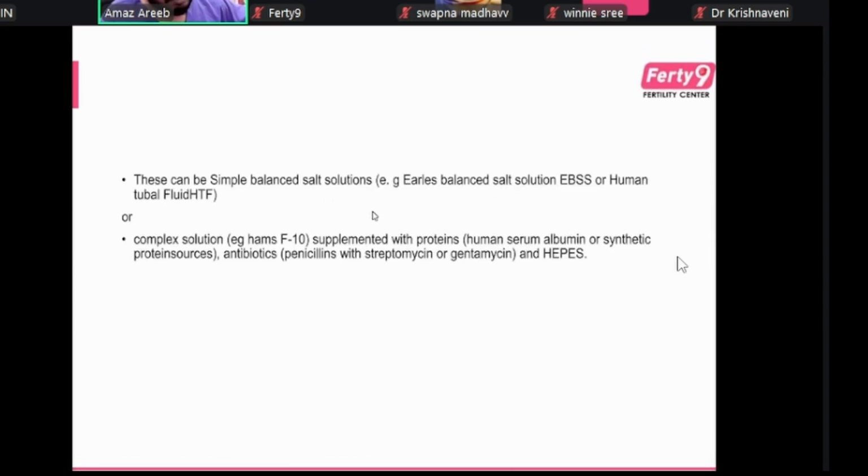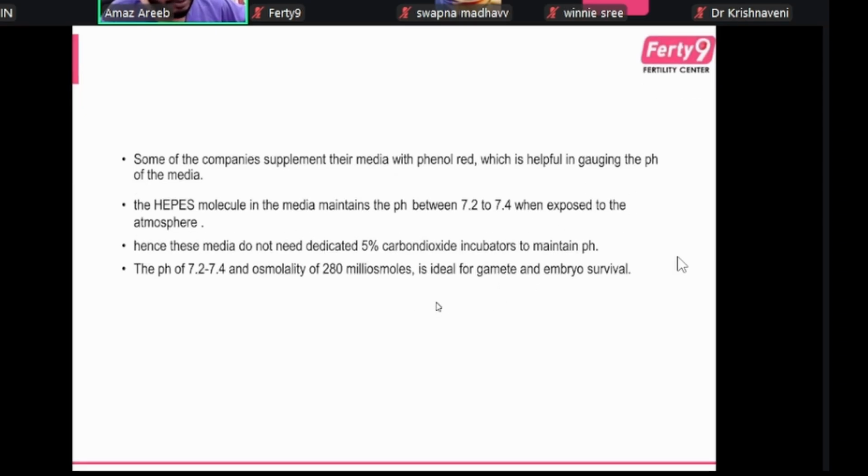The media and buffer that we'll be using is a simple balanced salt solution made of Earle's balanced salt or EBSS buffer, or it can also be phosphate buffered saline, PBS. The buffer is mixed with antibiotics as well to prevent contamination in the media. There is something versatile called HEPES that withstands the change of pH according to the temperature or the environment.